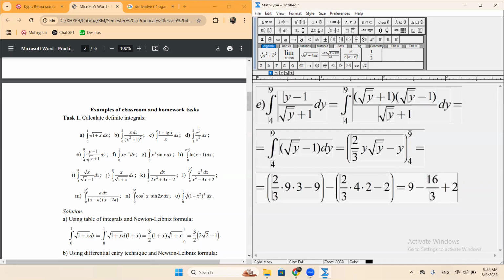Okay, let me not play with these fractions. Oh, by the way, it's not so hard. So 11 minus 16 over 3, so 33 over 3 minus 16 over 3. So it will be equal to 17 over 3. And that's the final answer. So any questions about this exercise?